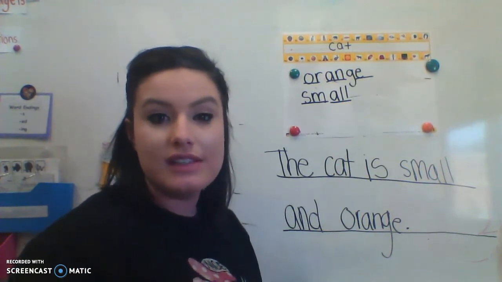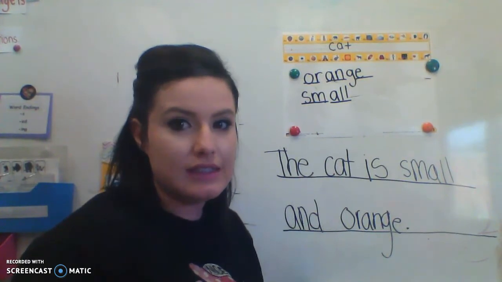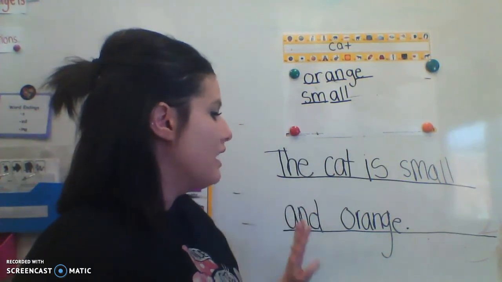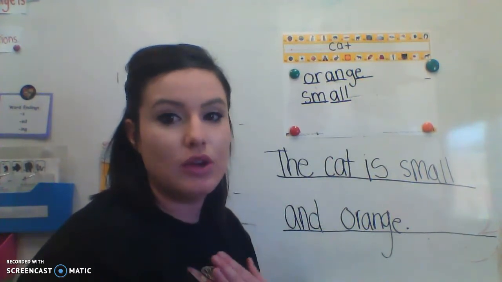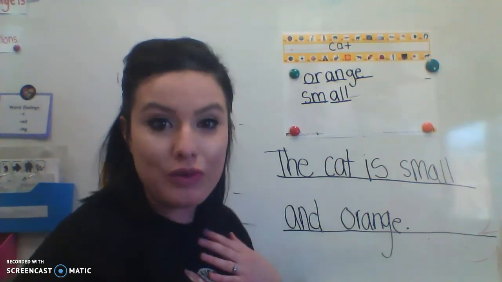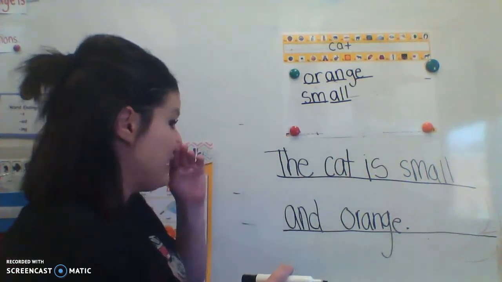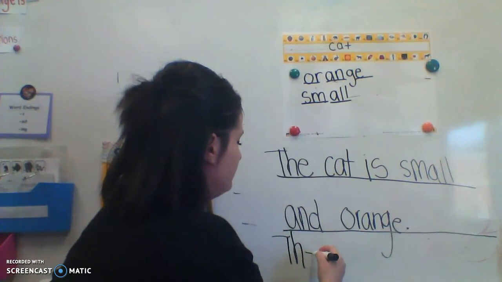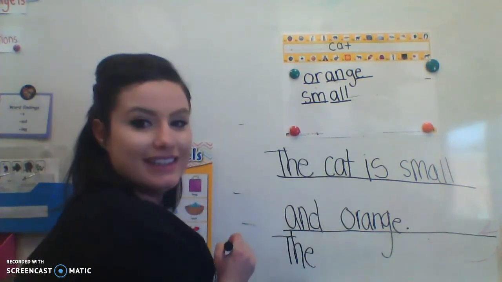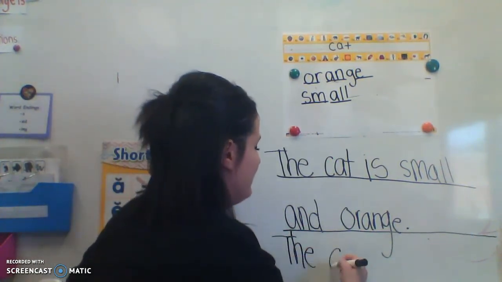All right, friends, and I said we were going to try and focus on 2 sentences today, one about what the cat looked like. The next would be maybe what the cat will do. So Ms. Rosales will start a sentence for you, and I want you to finish it on your own at home, okay? So maybe the second sentence is, let's fix that T. The cat, do a space.